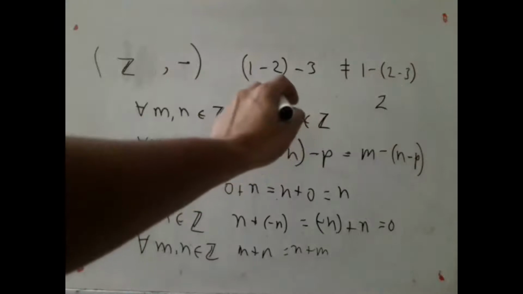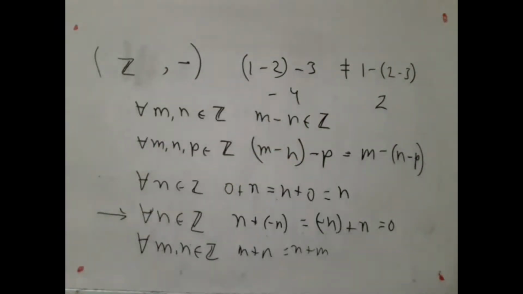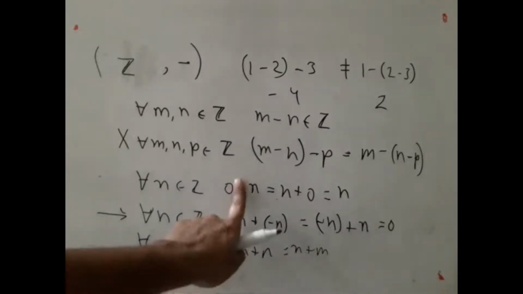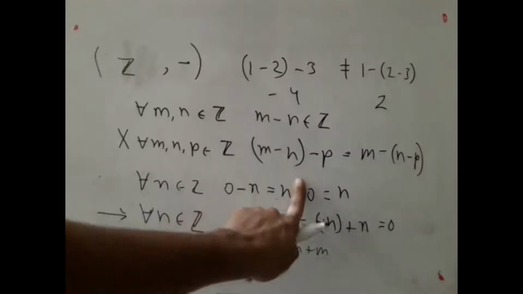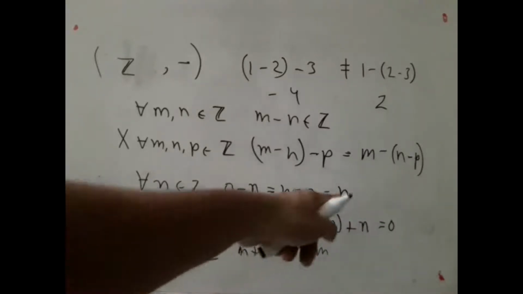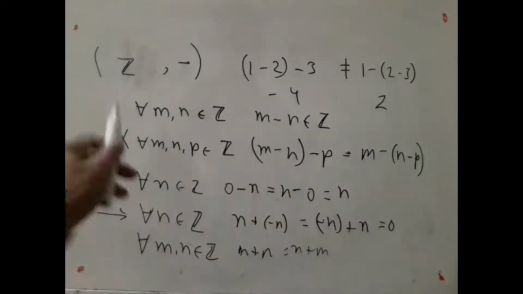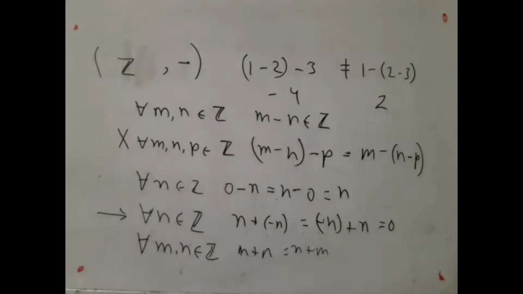This is 2 and this is minus 4. So they are not same, so this property fails. Again, this property also fails, because 0 minus n is not same as n. So in this way, this is not a group.